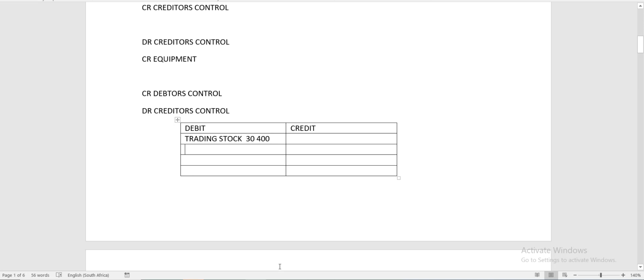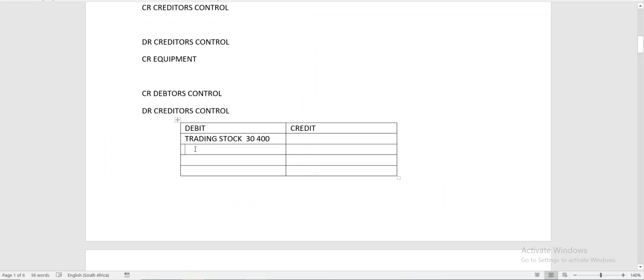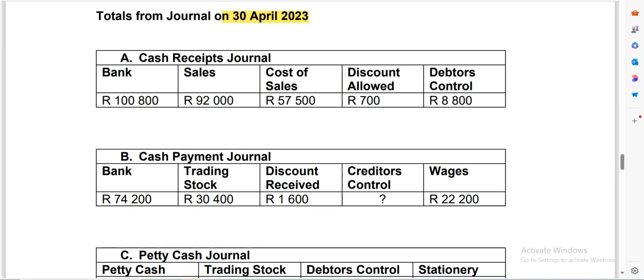Then what else is debited? I have my wages, which is an expense, so it also has a debit balance. So I'll write wages. What is the amount? My wages is 22,200.